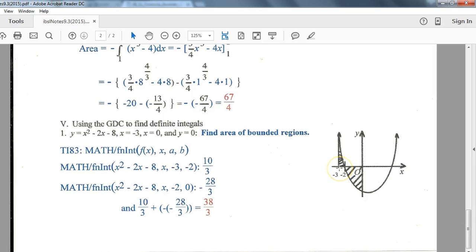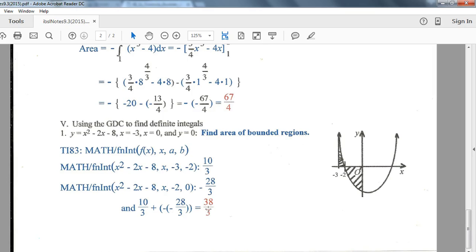You would have to do the area from -3 to -2 first, then do the area from -2 to 0. Your calculator is going to say it's a negative, but you're going to turn it to a positive, and then add this area plus this area. So you need to find them separately and then add them together in order to get the correct answer, which is, I believe, 12 2/3.